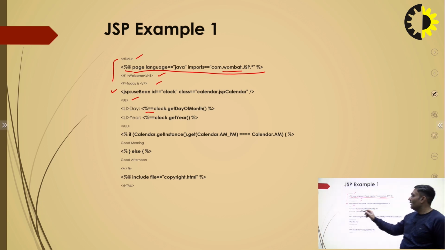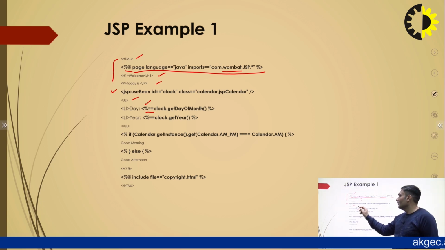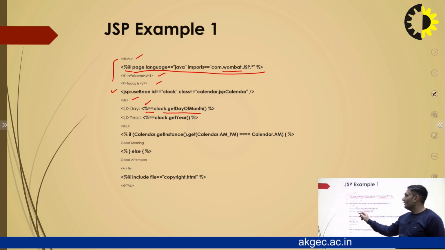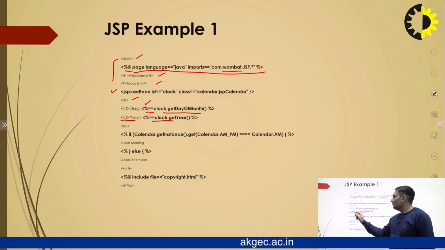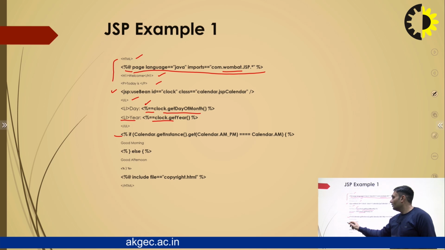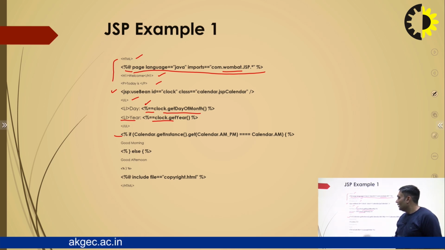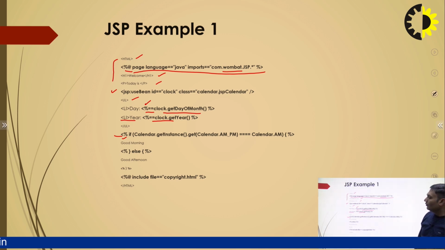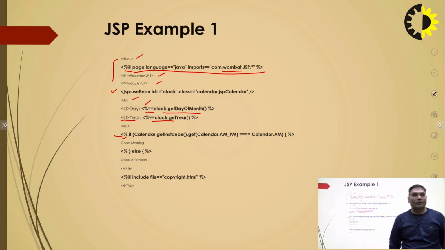Here we can see we are using the declaration inside this tag, and we are writing the Java code. Again we are writing the Java code, and this one is the HTML code. Here this one is the Java code that is written inside this tag. So we can see the whole program contains two different kinds of program.